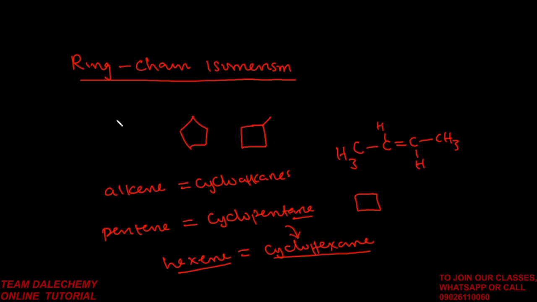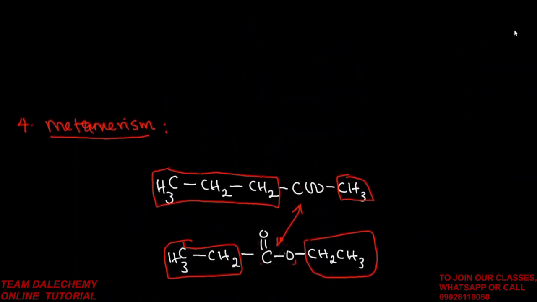So that's why we call it ring and chain isomerism. So there are several other examples. You can even have some heterocyclic compounds like this. So there will also be ring-chain isomers. So that's all about the structural isomerism, which is also called the constitutional isomerism.